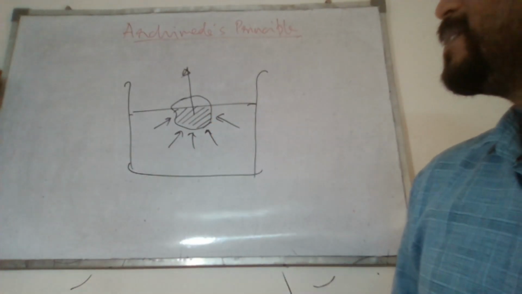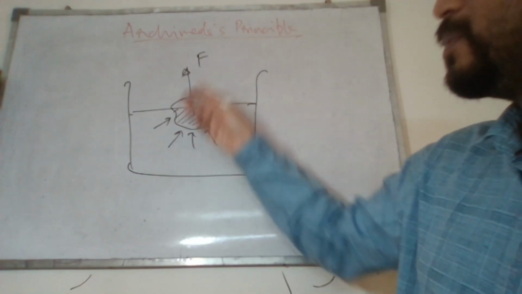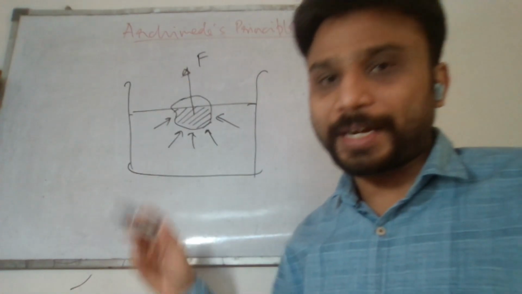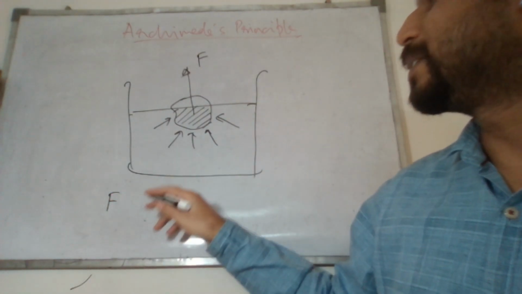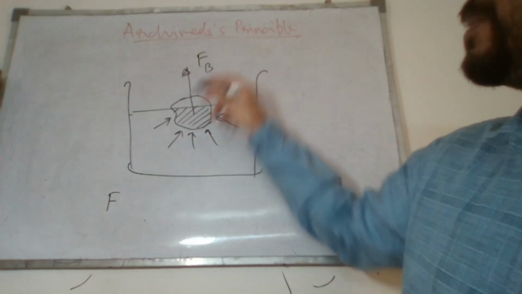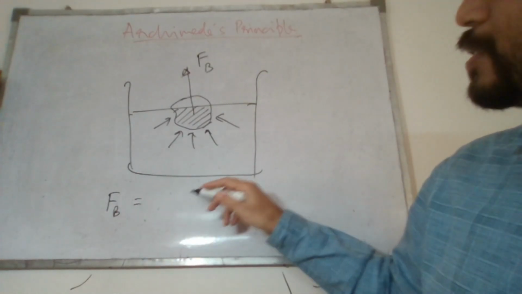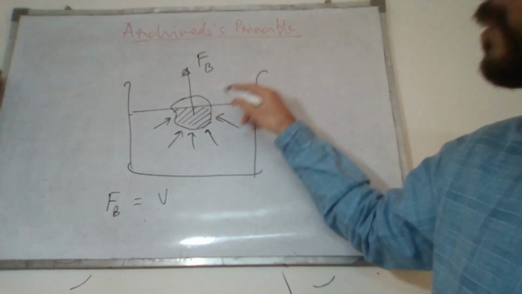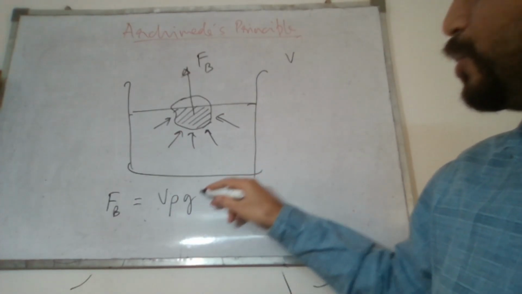It says that the upthrust force acting on this object, let's label it as F_B, is equal to V rho g.